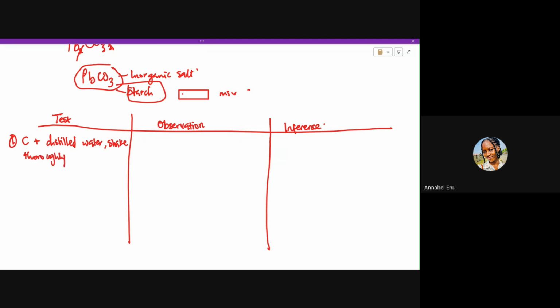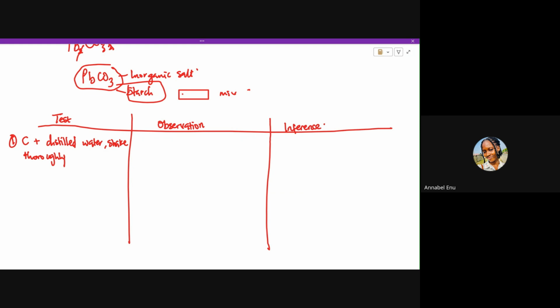Now, this is a virtual class, so likely your school might carry out the process for you before your examination. That's when you see what actually happens when this mixture is mixed with distilled water and shaken thoroughly.